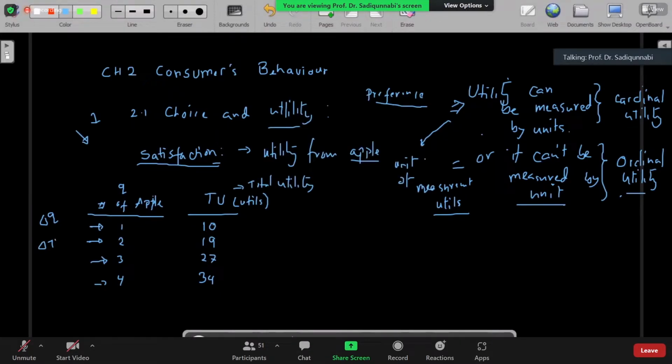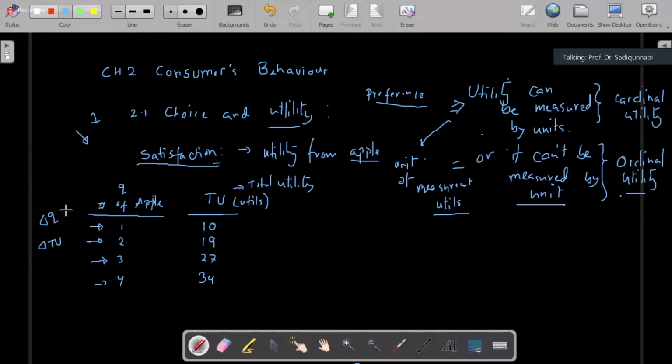Total utility. You see, there is a 1 unit change in Q, all right? For the first unit, from 0 to 1, it is 10. When you have consumed 0 apples, then it is 0.